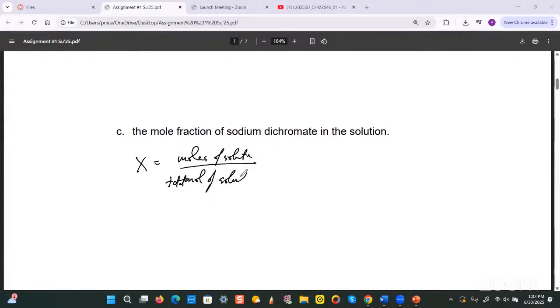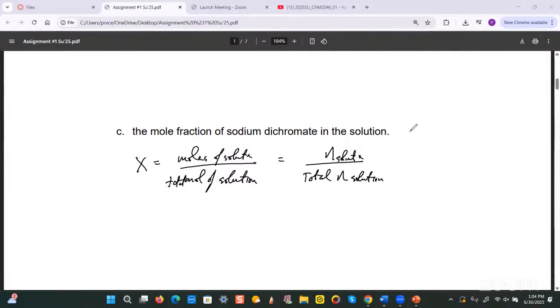And I'm just going to use some symbols here. Typically we use n to represent moles, right? So this would be number of moles of the solute divided by total number of moles of the solution. All right? So we need to find the moles of each of these components in the mixture.